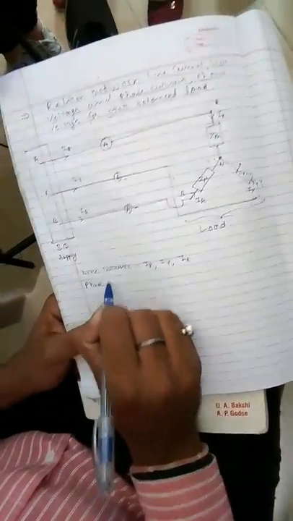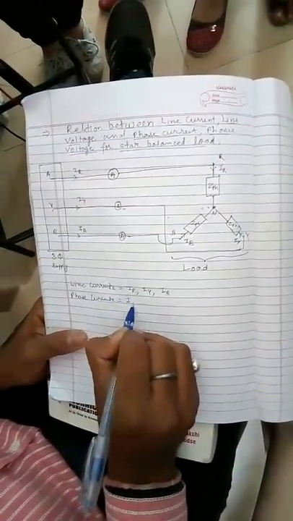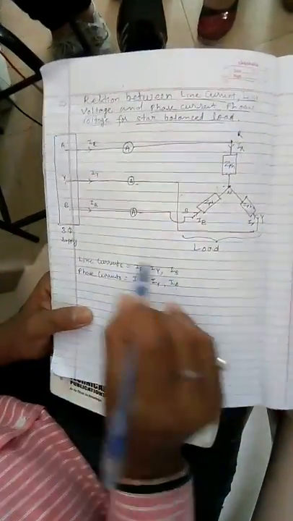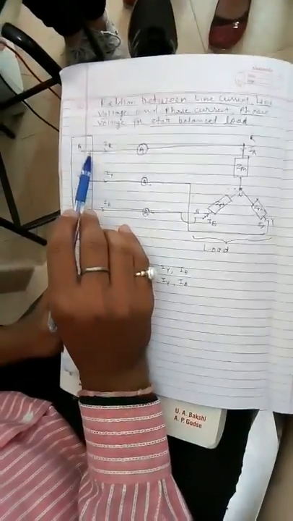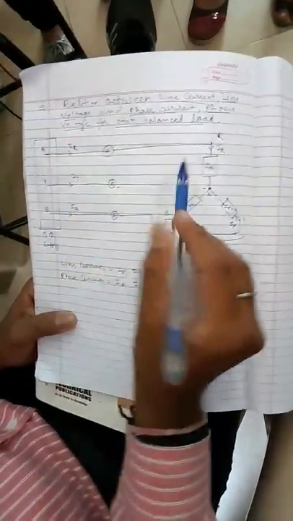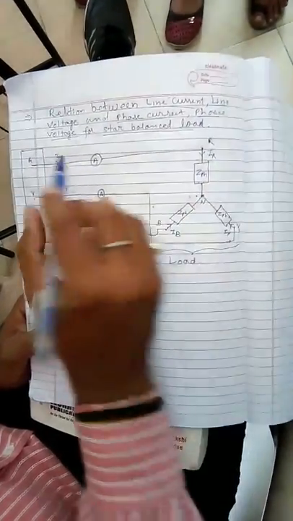Then which ones are the phase currents? The phase currents are IR, IY and IB. Now see, the current passing through this ammeter is the line current, and the current passing through the load is IR. Both currents IR and IR will be the same.